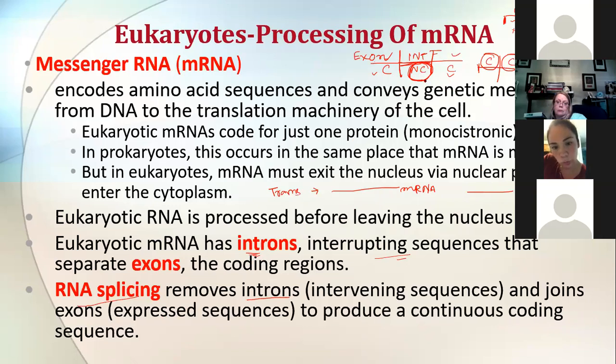And coding sequences are called exons, meaning they are going to be expressed. So all the introns, the intervening sequences, are going to be removed from the newly formed messenger RNA, and all the exons are going to be joined together to make a new messenger RNA.